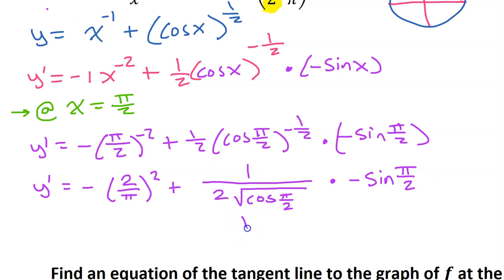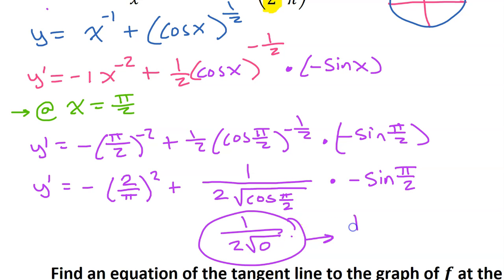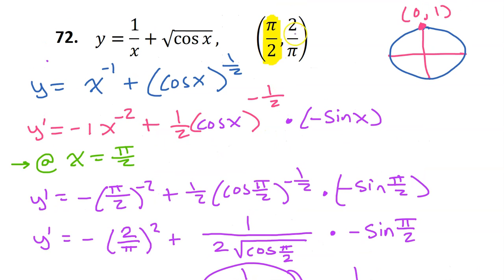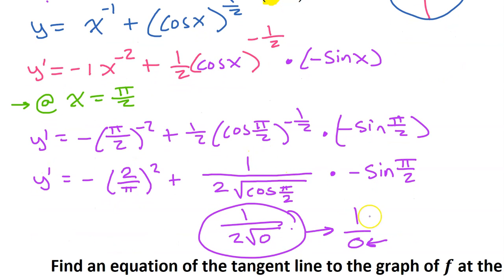I just need you to understand if I have 1 over 2 times the square root of 0, I'm dividing by 0, guys, right? Because the square root of 0 is 0. So this part is 1 over 0. This is no good. You can't divide by 0. So that means that the derivative at this particular x value does not exist.